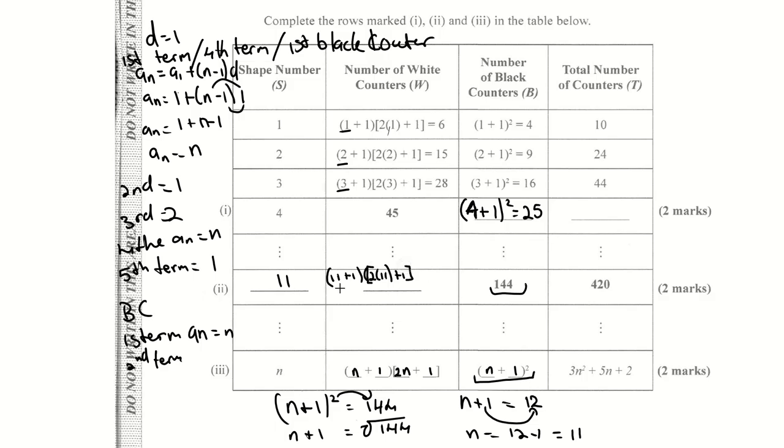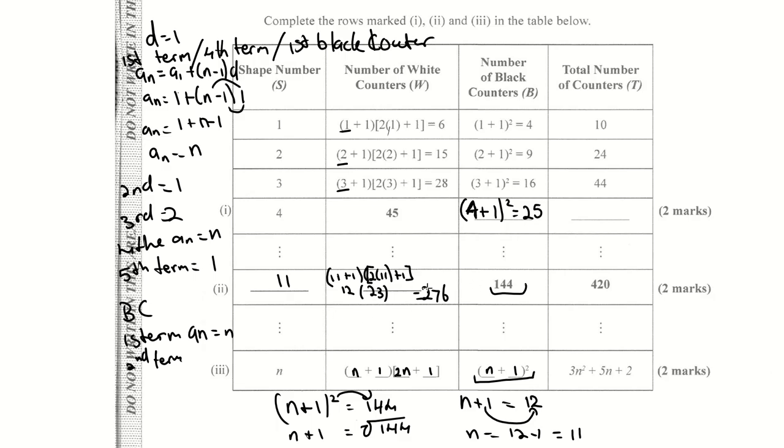So let's solve that. 11 plus 1 is 12. Multiply by 2 by 11 is 22. 22 plus 1 is 23. So 23 by 12, where's my calculator? 12 multiplied by 23 is 276.